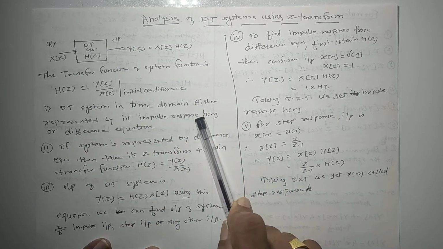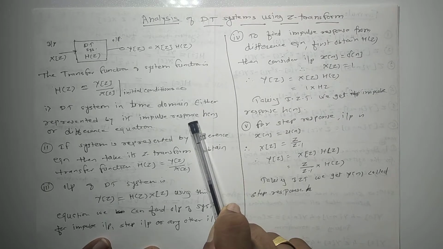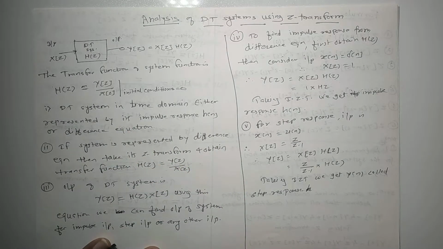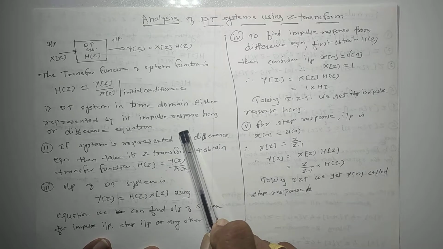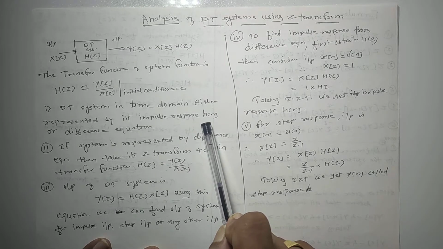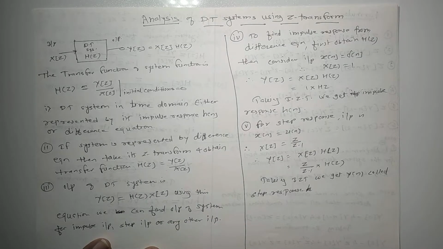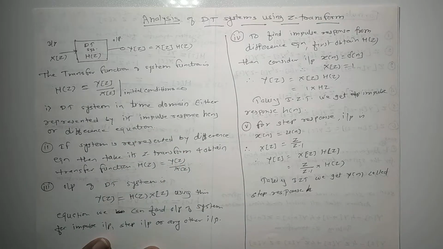In time domain, the behavior of a DT system is represented either by its impulse response or by its difference equation.